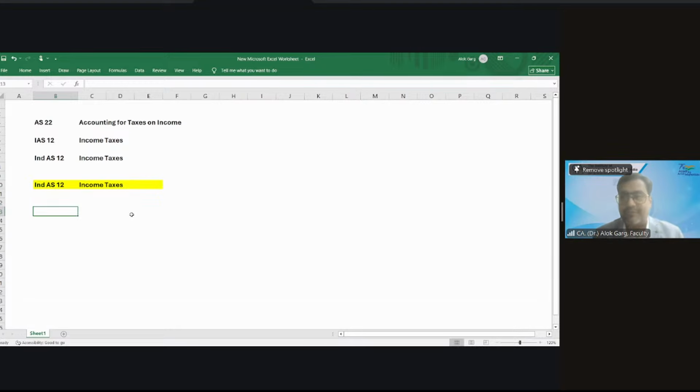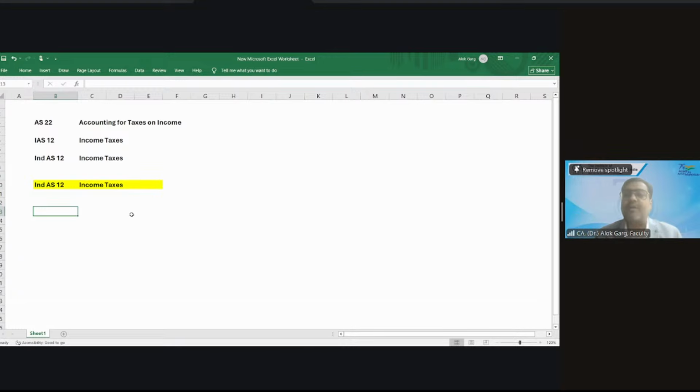I know these 5 heads of income because I am a Chartered Accountant. Otherwise, as a faculty of financial reporting, I would not have been able to know about these 5 heads of income or income tax provisions. So to cut a long story short, I am teaching you accounting for income taxes. I am not teaching you provisions of income taxes, right?